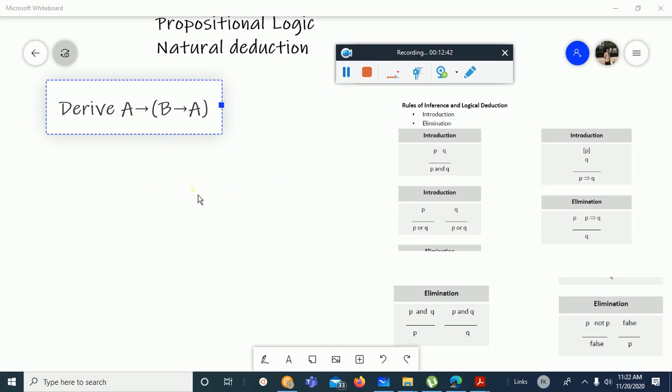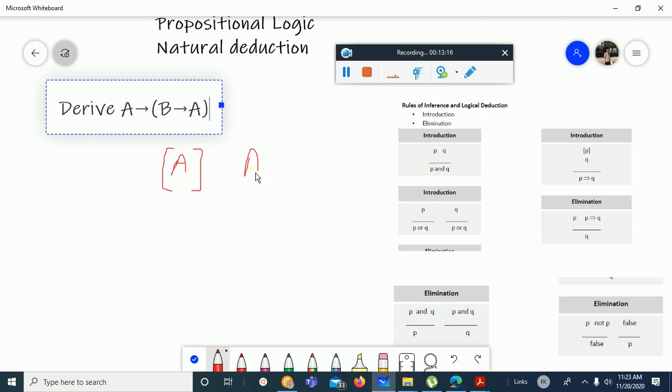Now we will do it with some implying rules. Derive A implies B implies A. So here we can write A. We can assume A. The assumption can be written like this. Inside the bracket you can write it like A, as well as you can write it like A, the assumption.